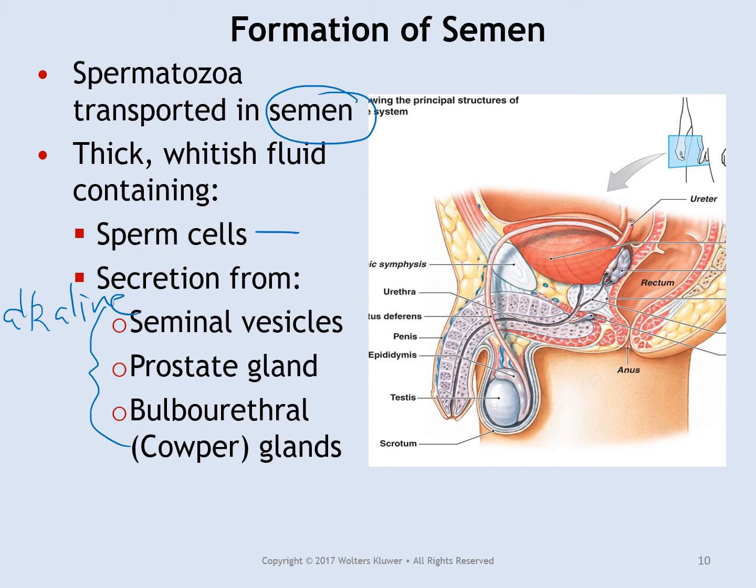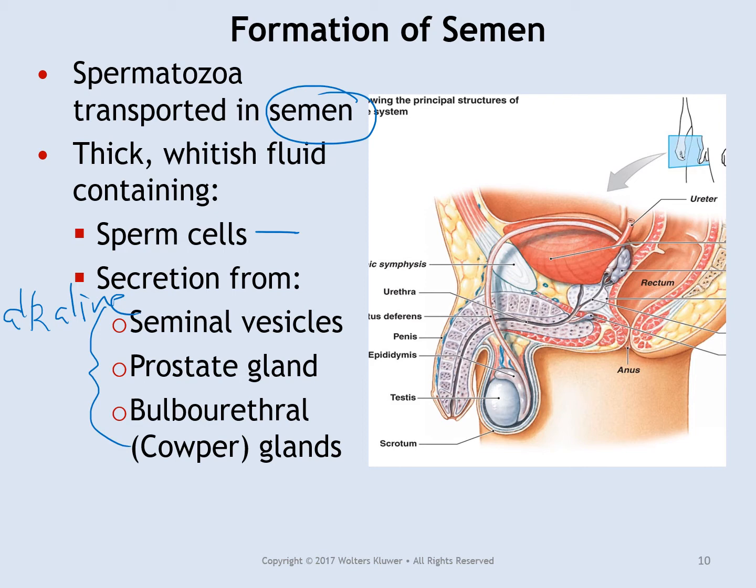They also make kind of a thick, jelly-like consistency fluid as well that will help congeal the sperm cells together and hold them in the female reproductive tract to make it through the cervix and into the uterus. The fluid that they make is also very high in sugar, so that's going to provide food for those sperm cells after they leave the pelvic cavity.